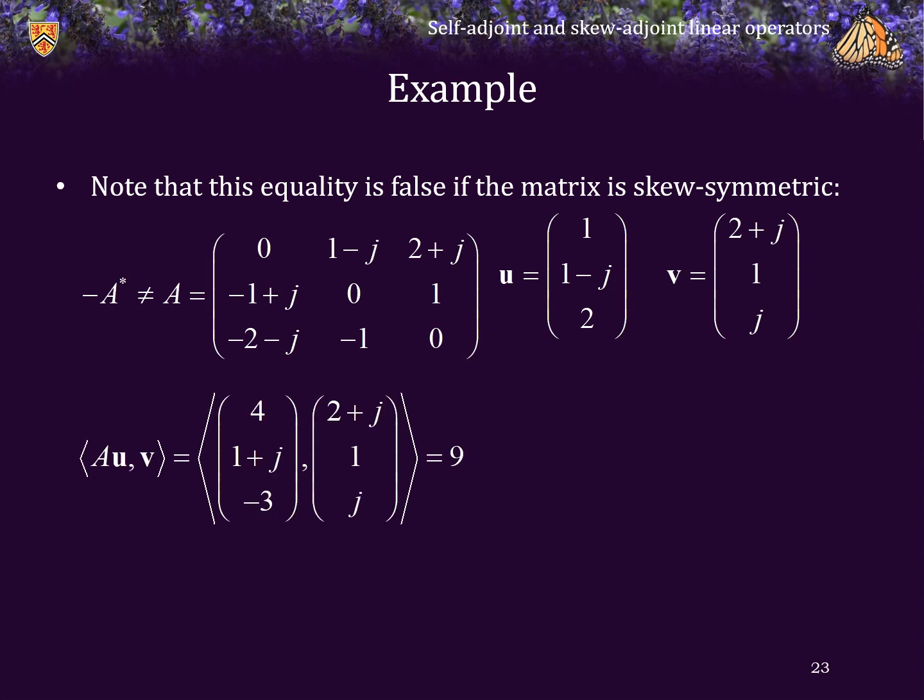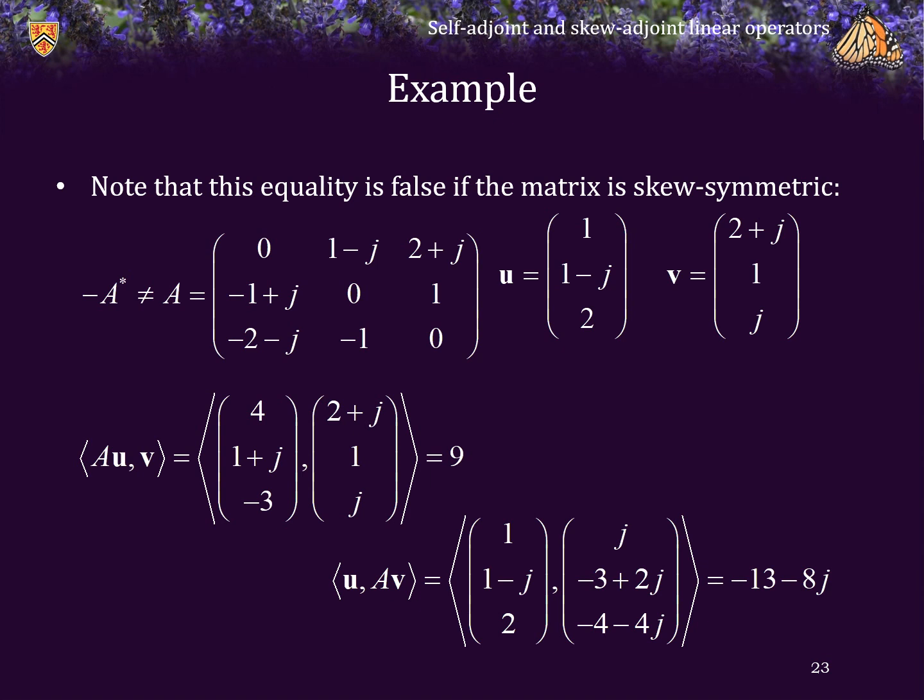Now if we calculate A times u, we get the vector 4, 1 plus j, negative 3, and if we take the inner product of that and v, we get 9. However, if we multiply v by this matrix A, we get the vector j, negative 3 plus 2j, negative 4 minus 4j, and the inner product of u and this result is negative 13 minus 8j.